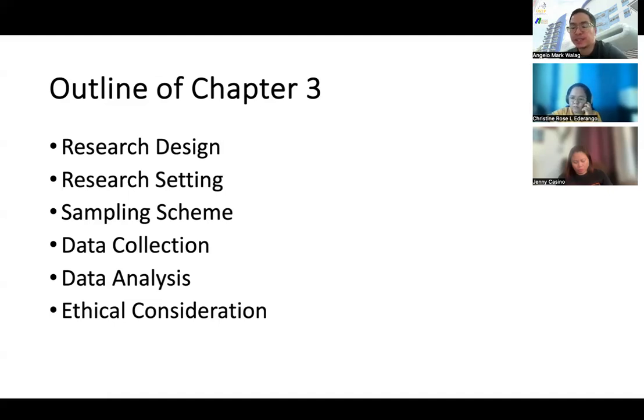So you can also use it as a guide for what components to add in your chapter 3. But in this lecture, we will only revolve around these components because these are actually common to all research designs, and it's just dependent on what you put in each component.